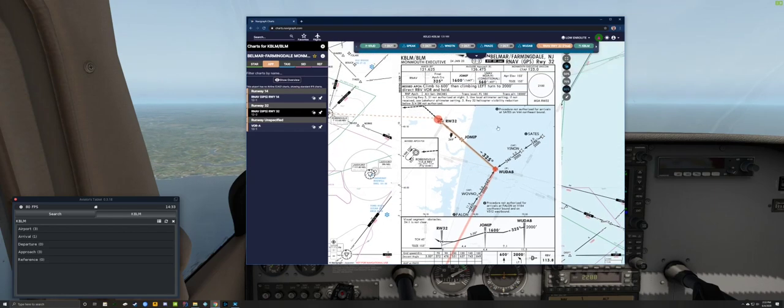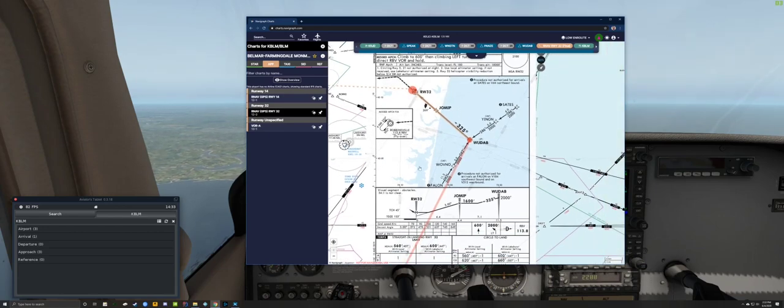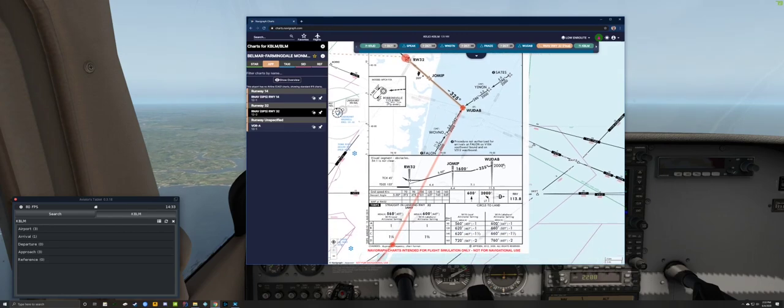And you've got on your approach chart the lateral navigation aspects of it, but you've also got your vertical, and you can see some of the verticals here too.